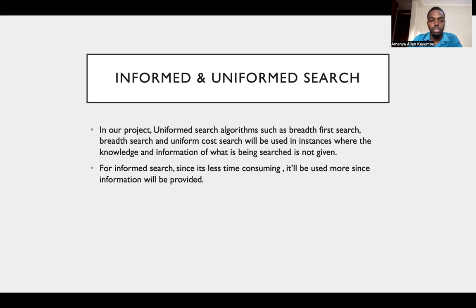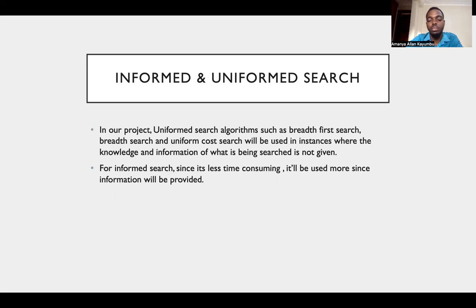So how will we use this in our project? In our project, uninformed search algorithms such as depth-first and breadth-first will be used in instances where the information on what is being searched is not given. This will be highly unlikely, since the whole point of the model is to go through grades, so the information has to be given.